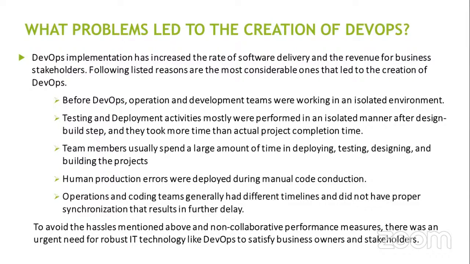Nobody was reviewing, there was no way to review the code, everything was manual, even code deployment was manual, and there was no coordination between the teams. If there is no coordination between teams, it's okay for a small project, but if your project is big, without coordination your project will not go live. So that's the problem, and DevOps came into the picture.